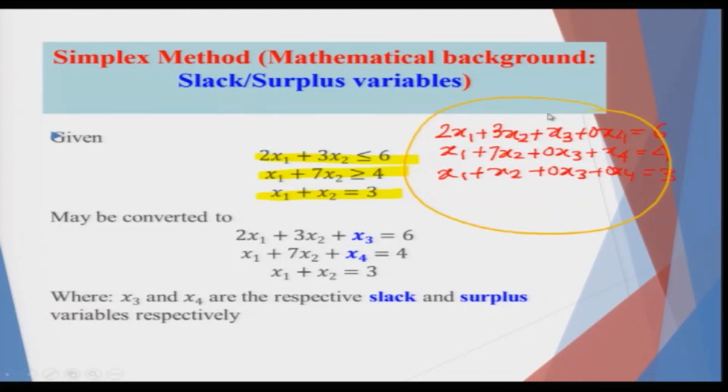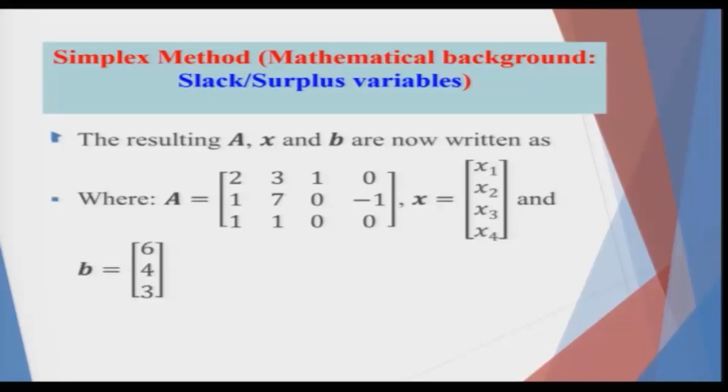So, if I consider the whole set of equations, it will basically have 3 as m, 3 equations, and 4 as n, 4 variables. If I write the resulting A, x and b, the matrix A would have 2 as the value multiplying x1, 3 multiplying x2, and 1 and 0 for x3 and x4.